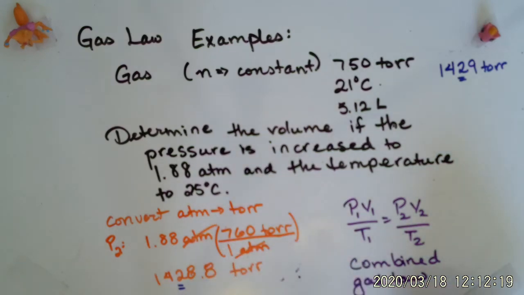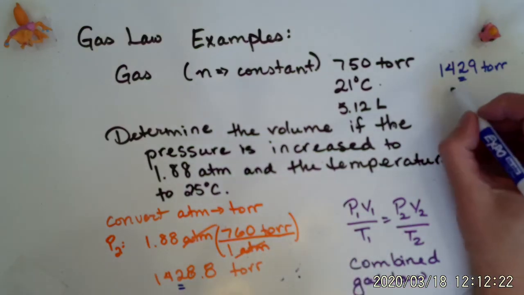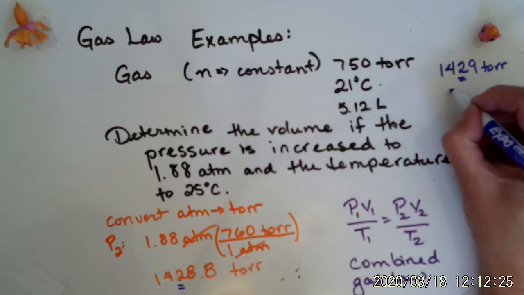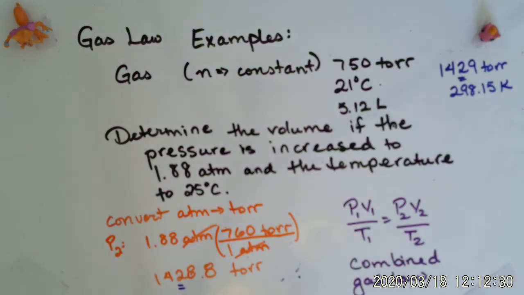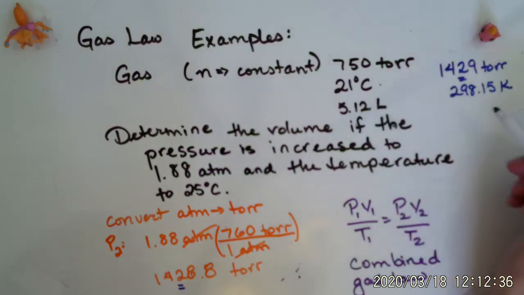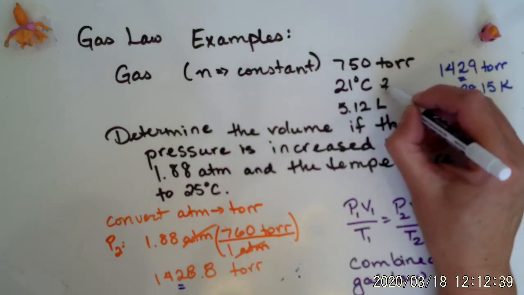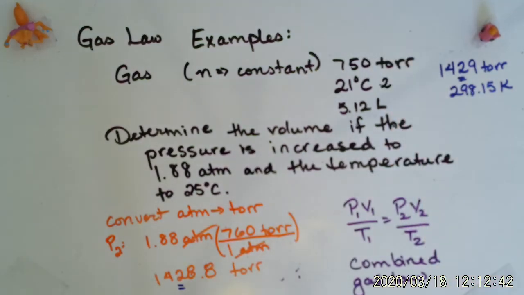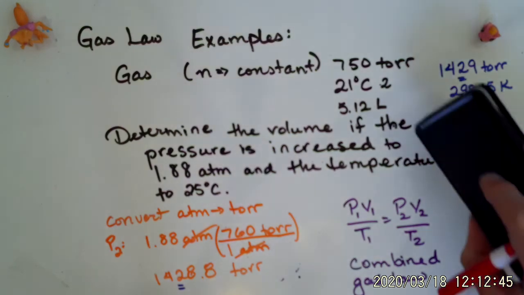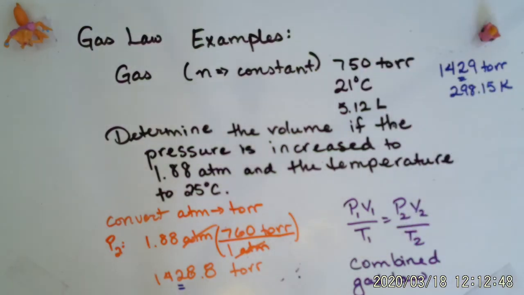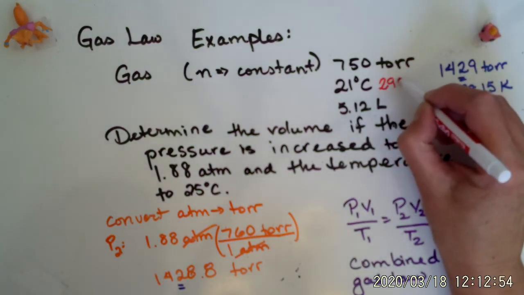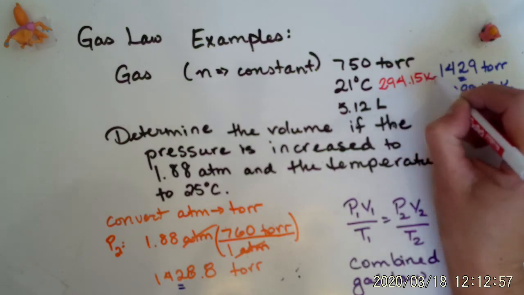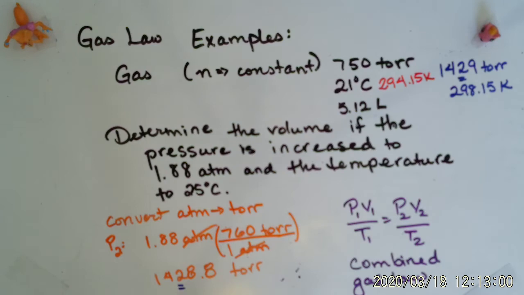So we're going to add 273 to both our temperatures. Our temperature for T2 is going to be 298.15 Kelvin. Our temperature for T1, if I add 273.15, would be 294.15 Kelvin. Okay? And our volume's in liters.